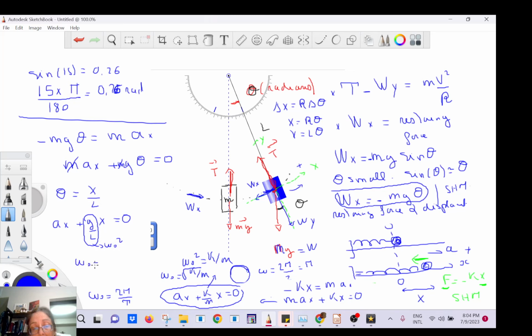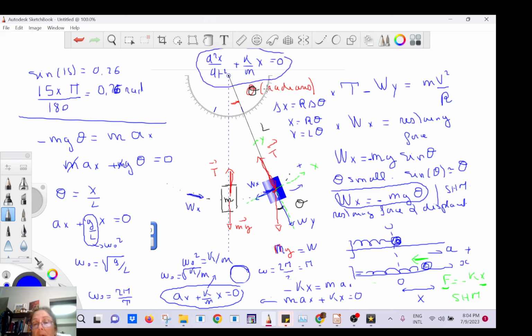So the angular acceleration is g over L. Okay, so this is called the equation of motion. If you are taking calculus, then you can write this one here as the second derivative plus k over m x equals 0.